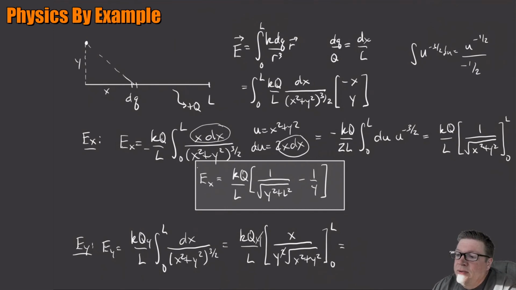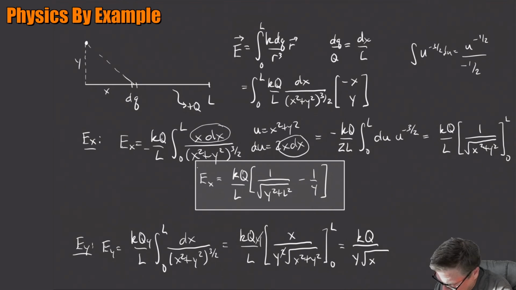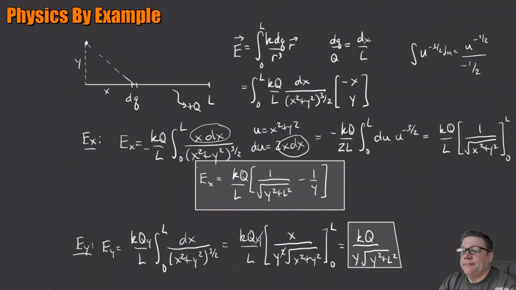So all I have to worry about is the top thing. And so what I get is kq over y times the square root of, let me flip the order around, y squared plus L squared. And there we go. There's the y component.